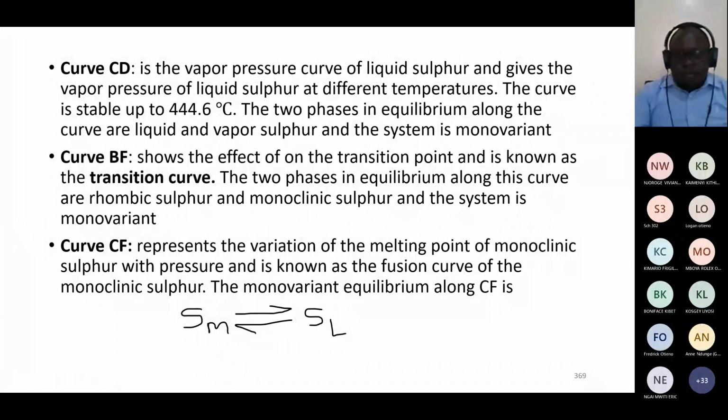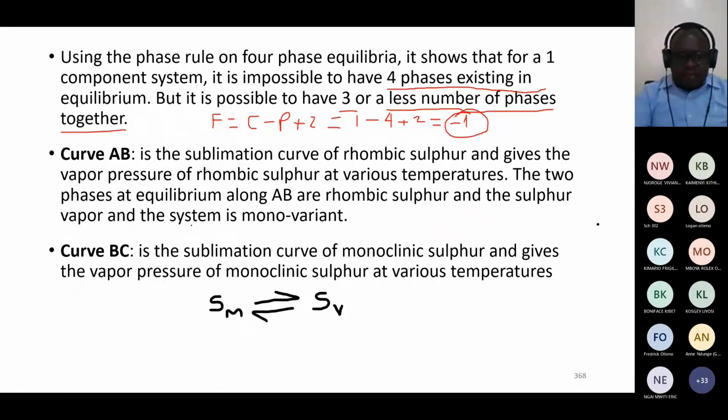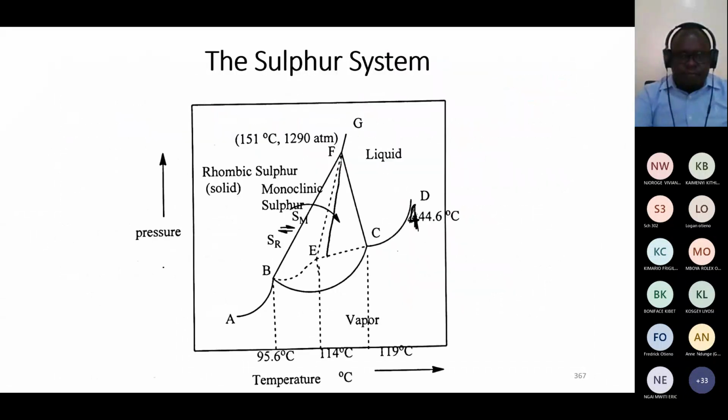Okay. Let's consider another curve, CF. So at this curve, we have the monoclinic sulfur being at equilibrium with liquid sulfur. Remember at this point, at 119 degrees Celsius, monoclinic sulfur begins to melt to give us liquid sulfur.